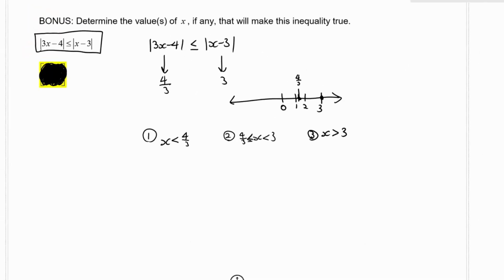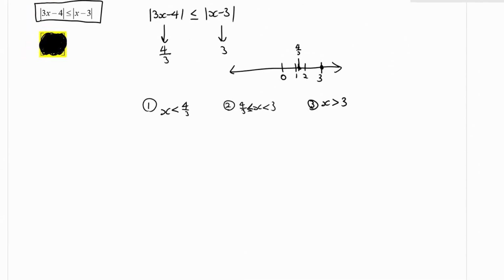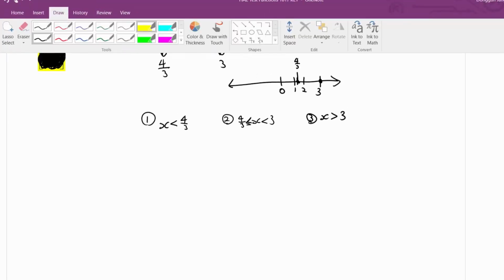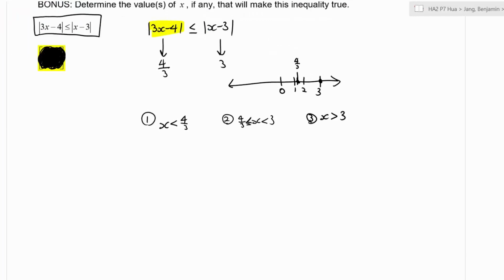Let's plug in the numbers in the equation. If x is less than 4 over 3, then if we put the value inside this equation, the equation would be less than 0. Therefore, the equation would turn into something like this.